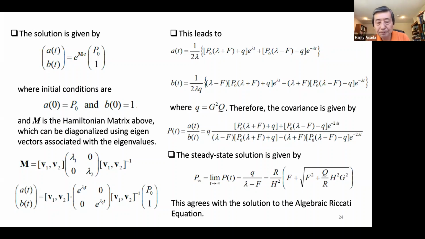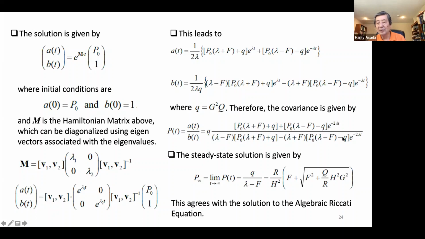Now, just for a sanity check, let's look at the final value as t tends to infinity, where this is going. Lambda is positive. So e raised to the power of minus 2 lambda t, as t goes to infinity, goes to 0, right?